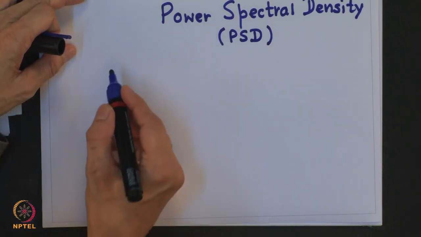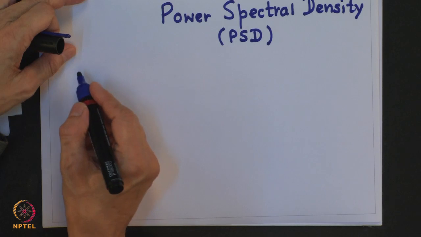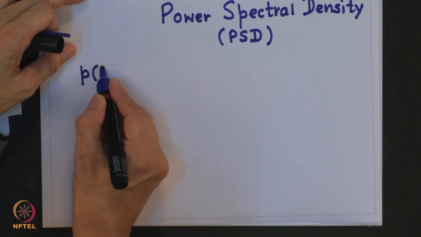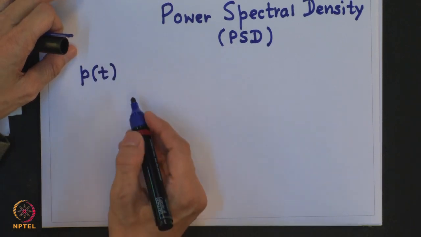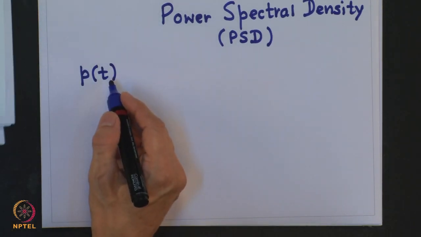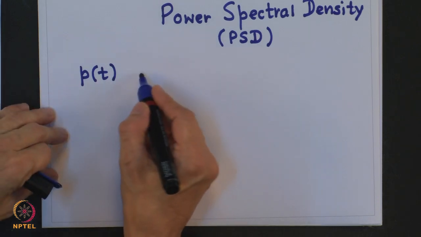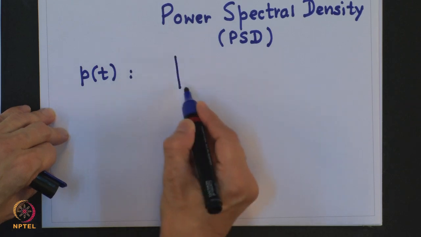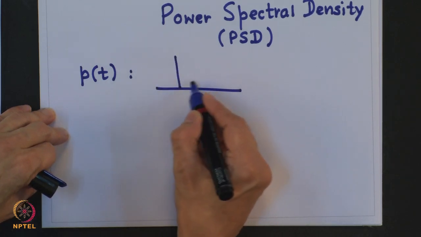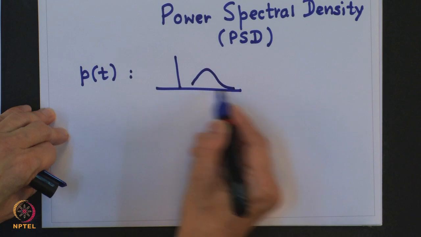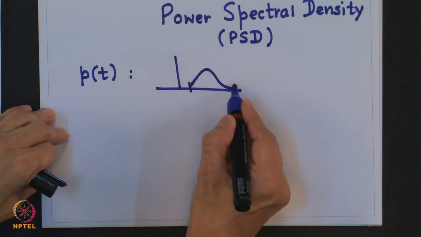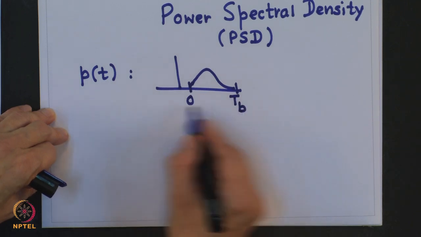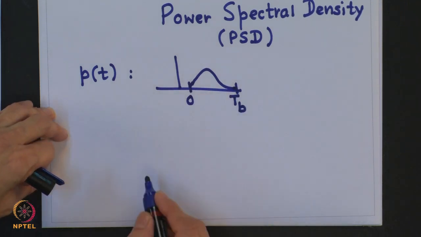So, we will assume that our digital data is transmitted by using a basic pulse p(t). This p(t) could be of any shape, but for our current discussion, let us assume that this p(t) is also restricted to the duration Tb.